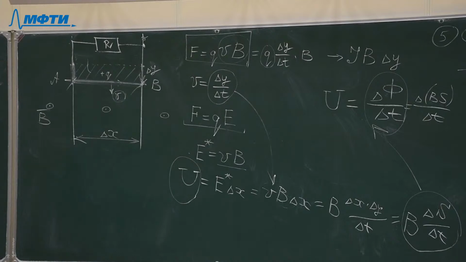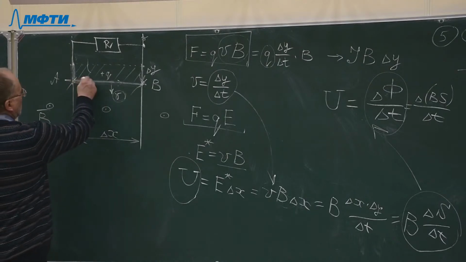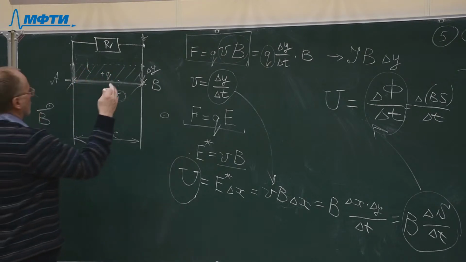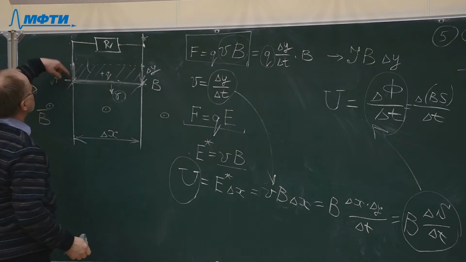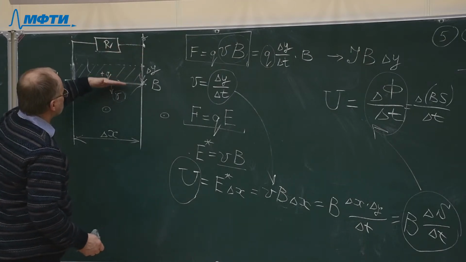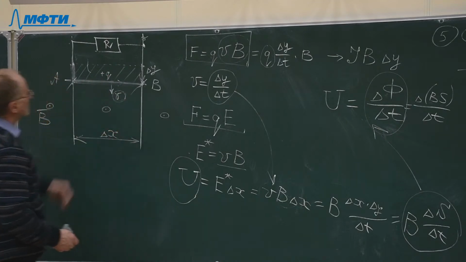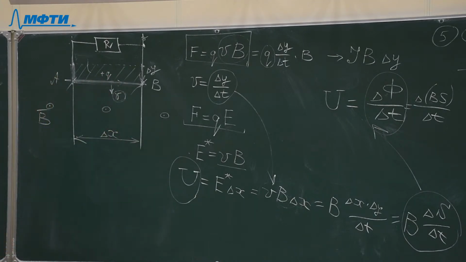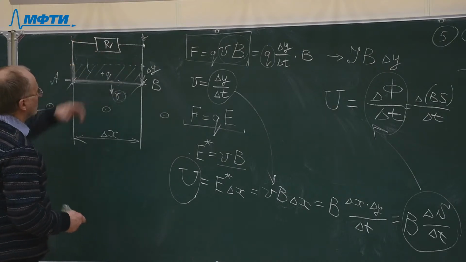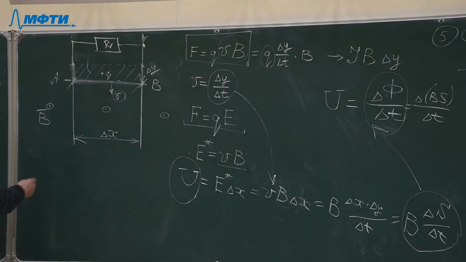Because the flux going through this loop changes in time because this rod moves down, there will be an induced current flowing here, and the induced current will be given by the Ohm's law.